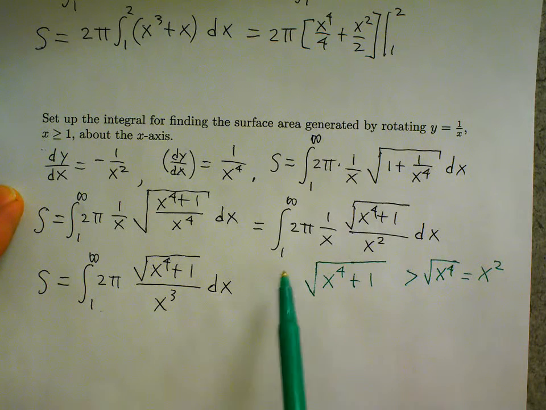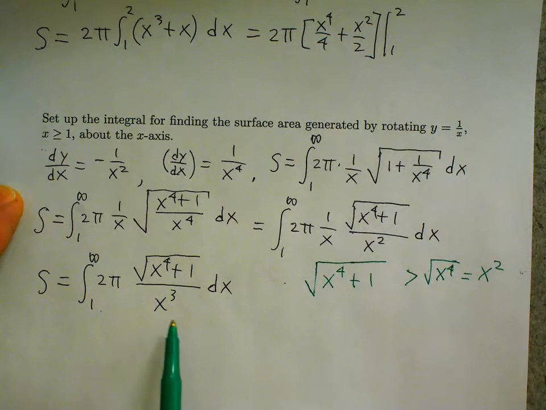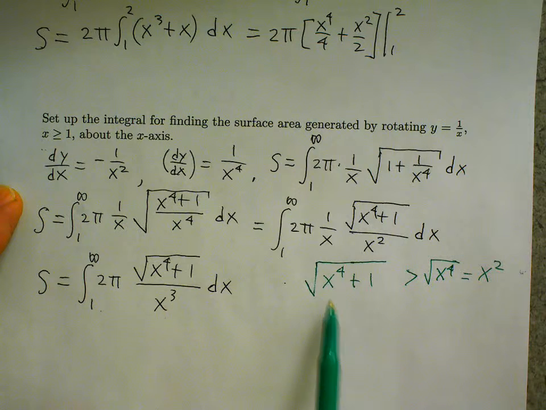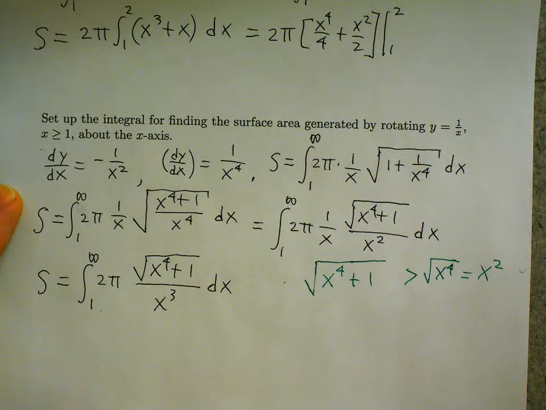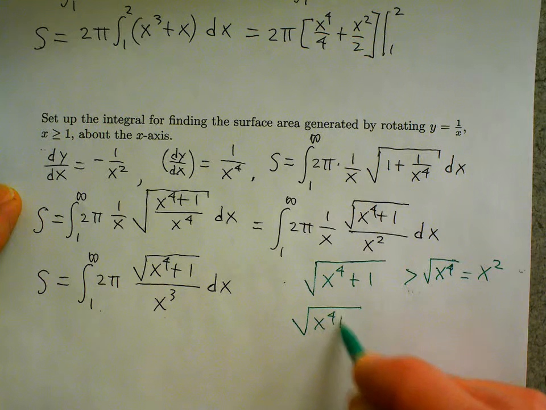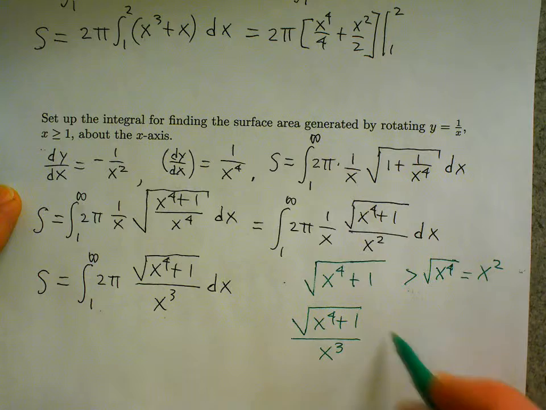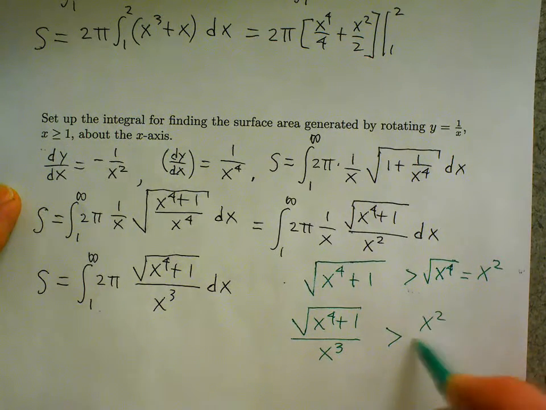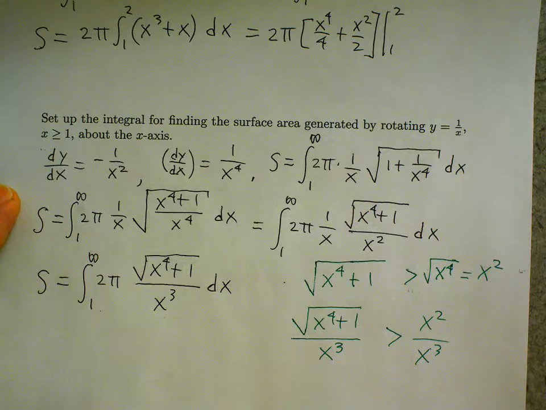Okay, if I multiply both sides by 1 over x to the 3rd, since x to the 3rd is positive, the inequality is preserved. So on the left-hand side, divide this by x to the 3rd, and divide x to the 2nd by x to the 3rd. And x to the second over x to the third is 1 over x.